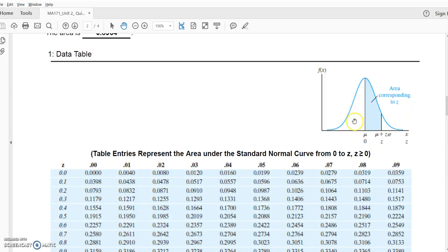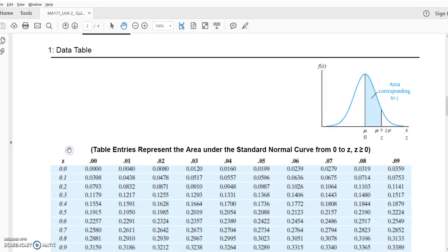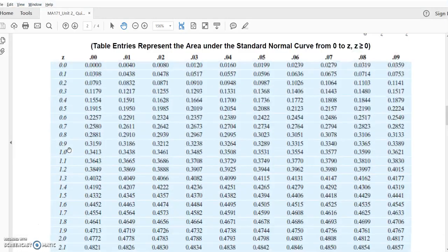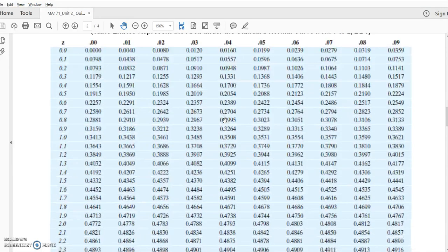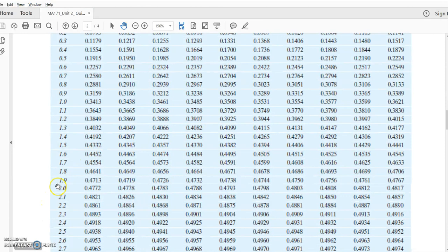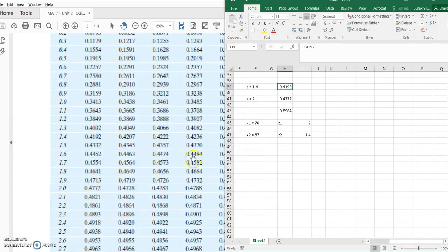Now negative 2 is here, so I need to figure out the area between negative 2 and 0. Since this is a symmetric bell curve and the table doesn't give negative values, we look at the symmetric value instead, z equals 2. That area would be the same because it's symmetric. So looking at z equals 2.0, that's 0.4772.